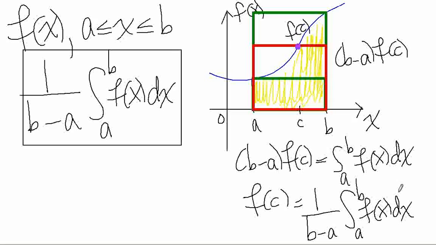Okay? I got the expression equal to the average formula in the box. Okay? So that's my attempt to give you an intuitive understanding of where this average formula comes from. All right? Now, let's do some examples.